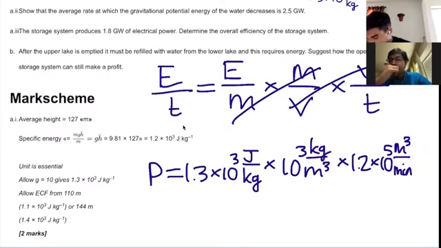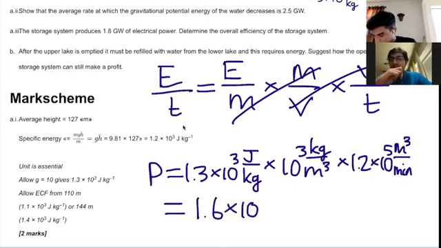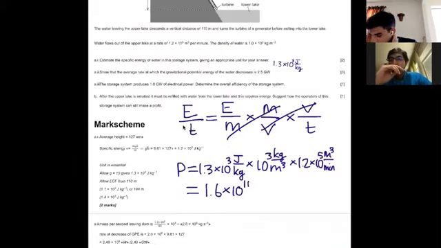Which should equal, if I do the calculation really quick, 13 times 12, 1.56 times 10 to the 11 joules per minute.